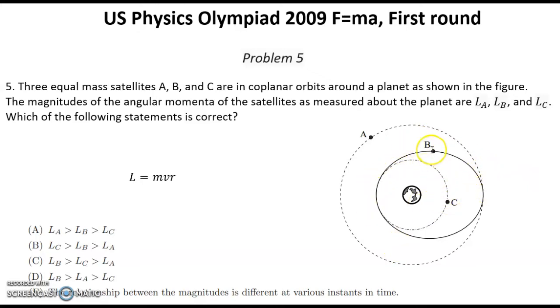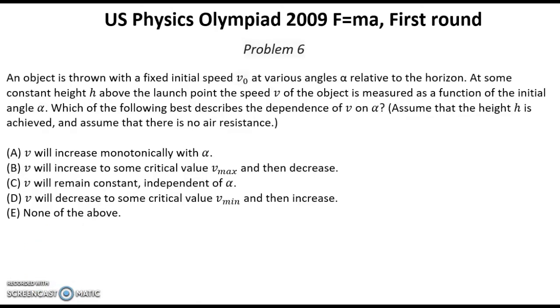It means that the angular momentum for B is greater than for C. And we can write this relation: LA greater than LB greater than LC. This is the answer.